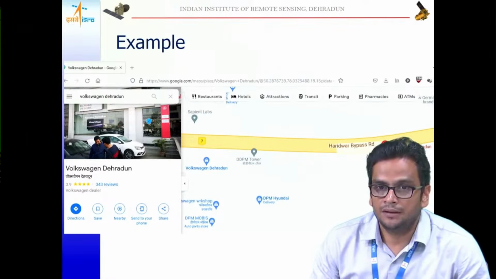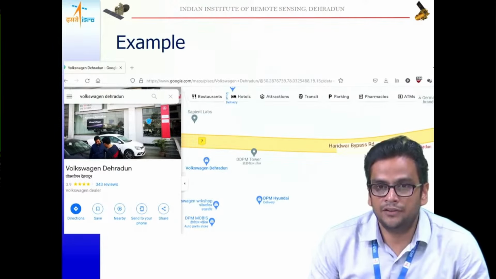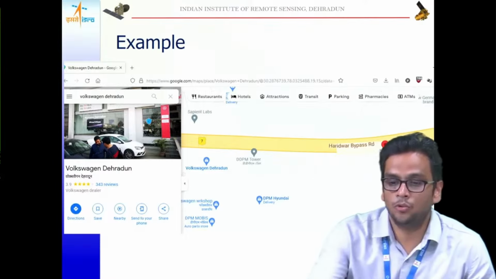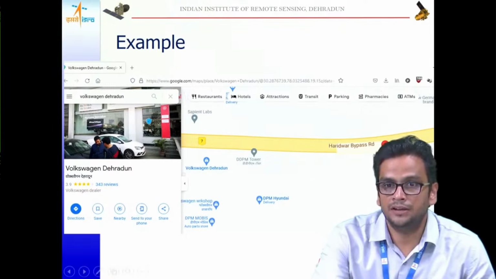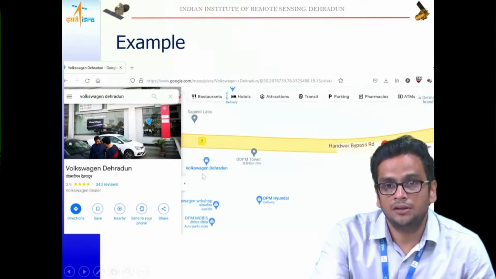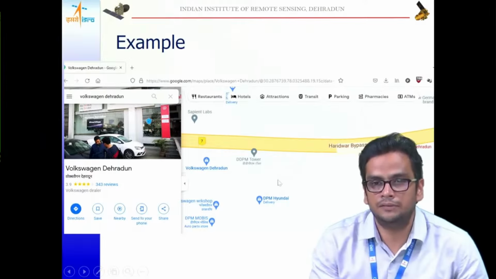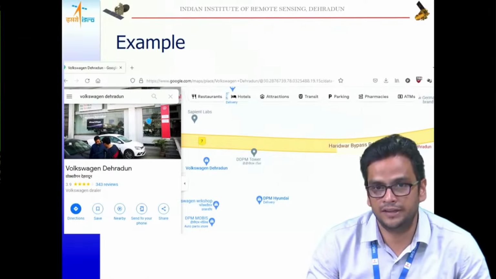Today it is corrected, but when it was searched, the location was showing somewhere here, the red one, but the exact location was here somewhere. Roughly 100 to 150 meters was the difference.